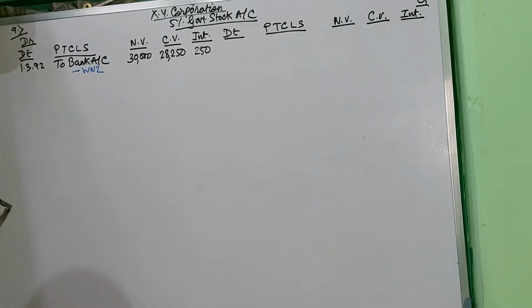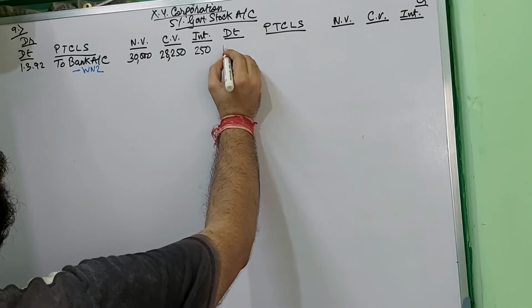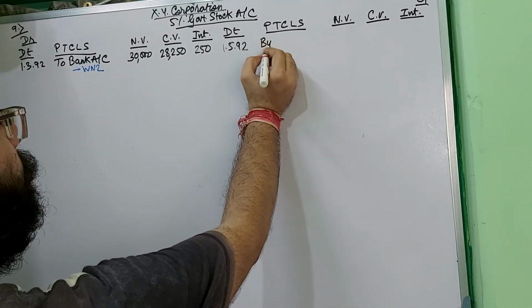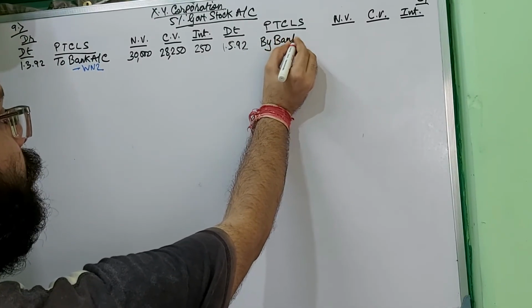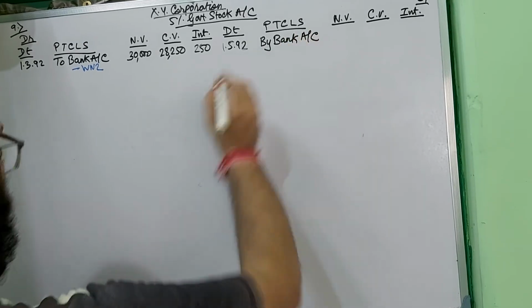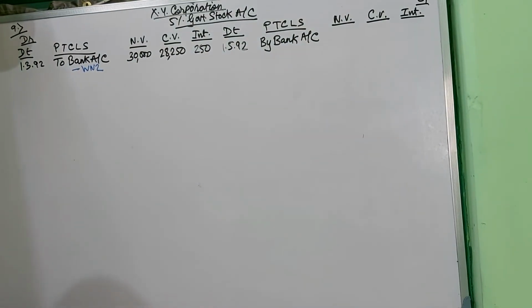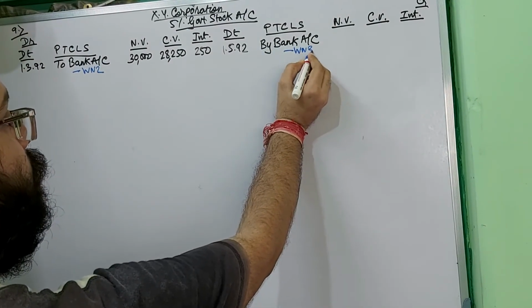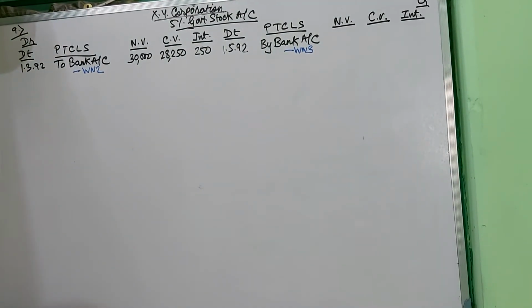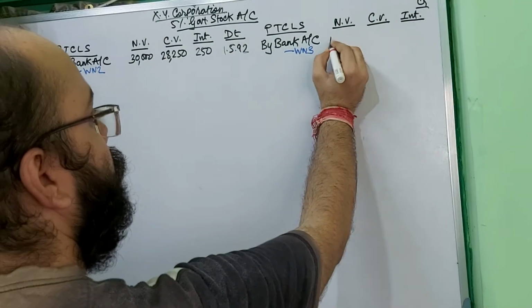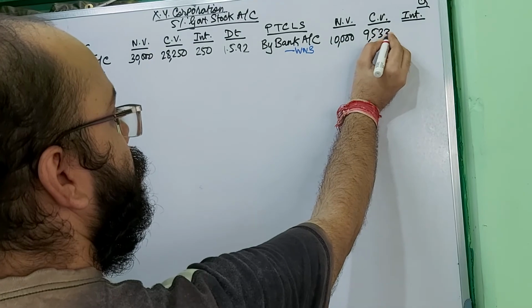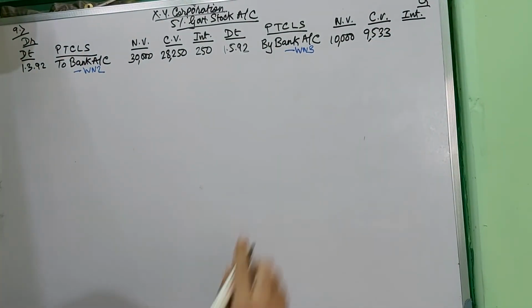Again on 15 we have sold. So 15/92 by bank account, which is working note number 3. How much you sold? 10,000, 9,533, and interest is 167.